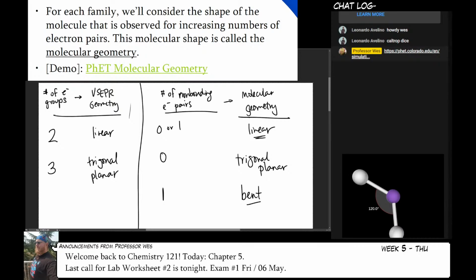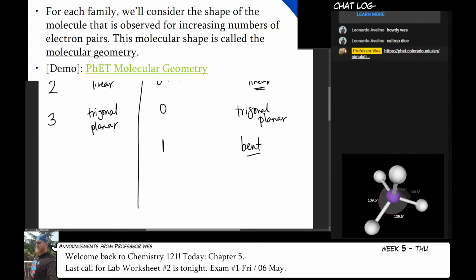If you were to take one of these away and put a second electron pair in there, you'd get linear again. All right. The last one that we'll consider, for 4 electron groups, we called tetrahedral.